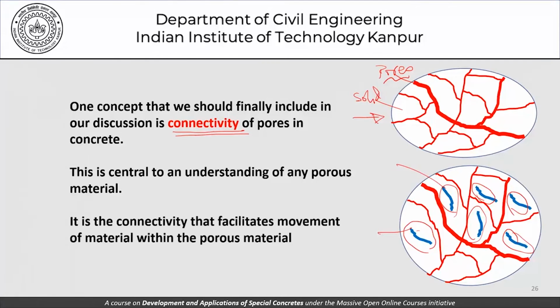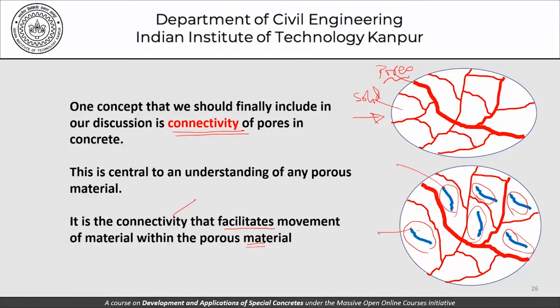The connectivity is the one property which facilitates movement of material within the porous material or that solid. So HCP is a solid, but there are pores through which deleterious material, water, chloride ions, carbon dioxide, all of it moves as far as concrete is concerned, and the connectivity facilitates it.